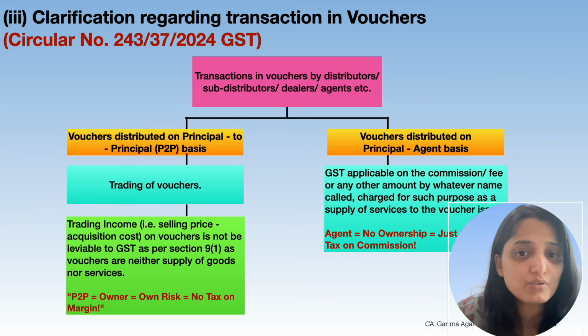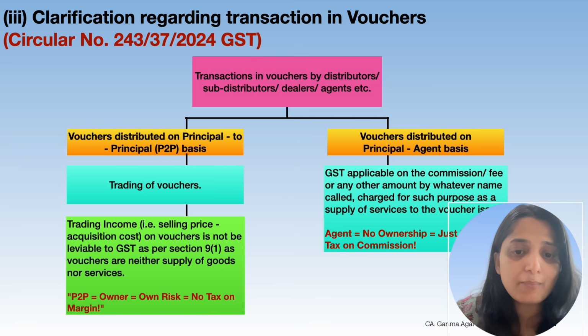You have to look into the contractual agreement between the two parties to understand whether they are getting the vouchers as a principal or as an agent. Usually when it is principal to principal, that is a complete sale and there is complete transfer of ownership of those vouchers, and all the risks along with that are transferred to the purchaser.